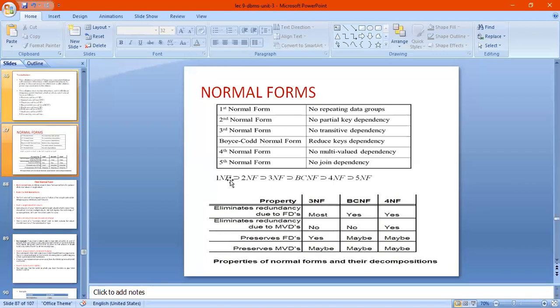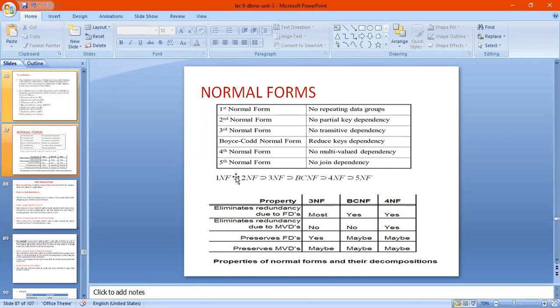All these features of 1, 2 and 3 are also part of BCNF, and the properties of BCNF carry into fourth and similarly fifth.